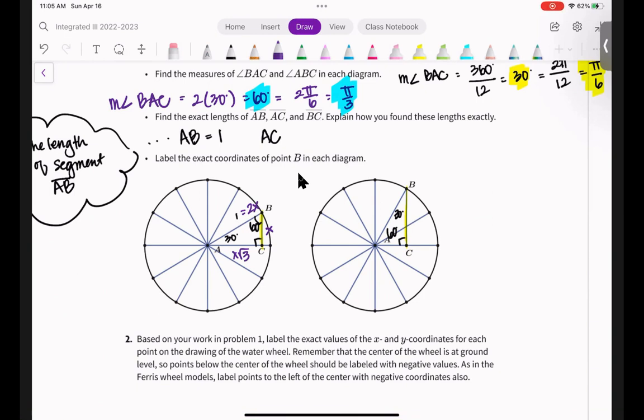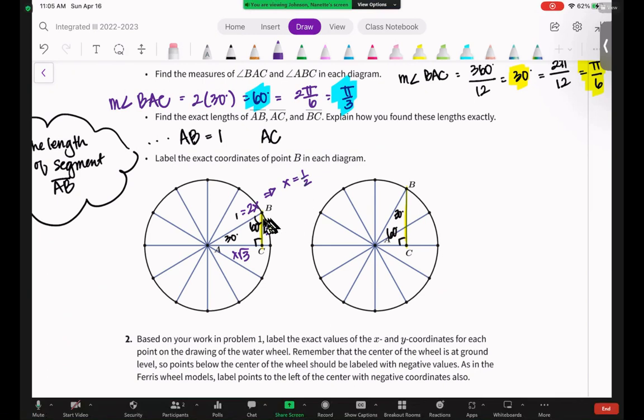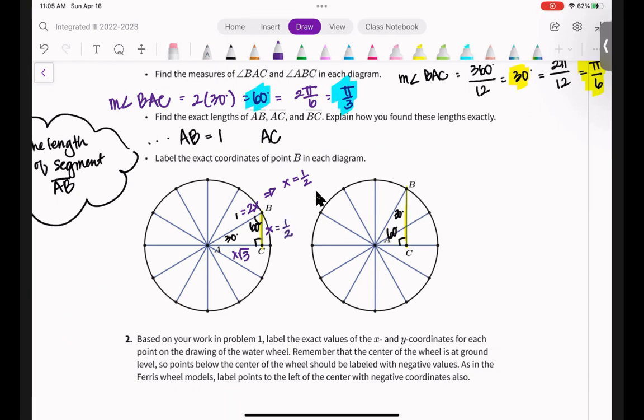So if 1 is equal to 2x, this implies that x equals 1/2. Sorry, we're fighting a little throat soreness here. So if 1 equals 2x, that implies that x is equal to 1/2. So just divide by 2 on both sides. So that means this is 1/2. So that means BC is 1/2.